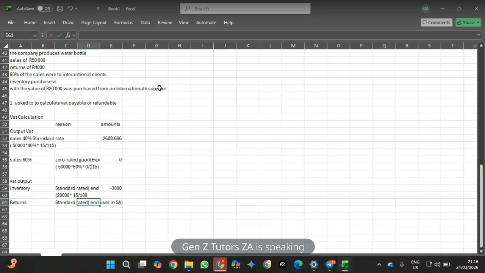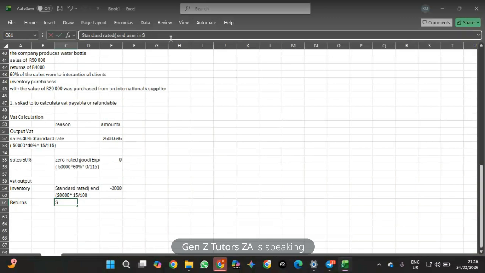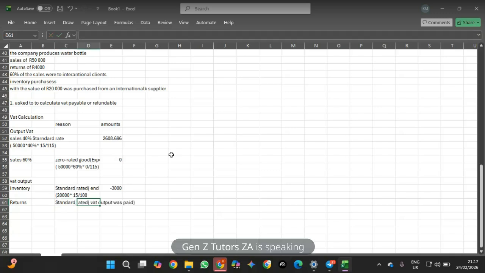In this situation this will be standard rated because that output was paid. Since you did pay that output on it, you can claim that input on it. It is a taxable supply after all. Then do your calculation, which is 4,000, multiplied by, it was on the consideration amount, so we're looking at 115.